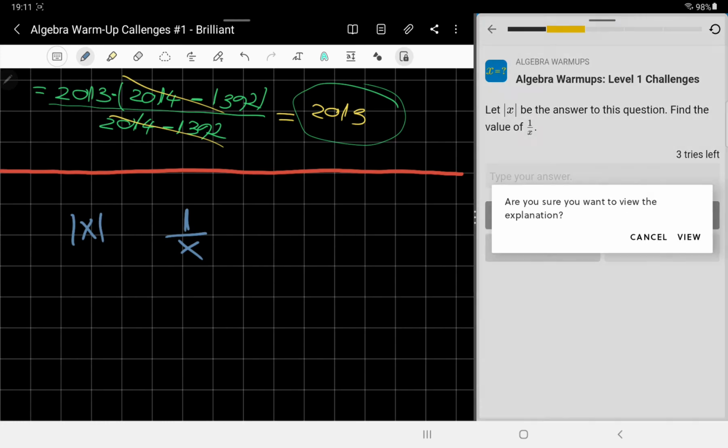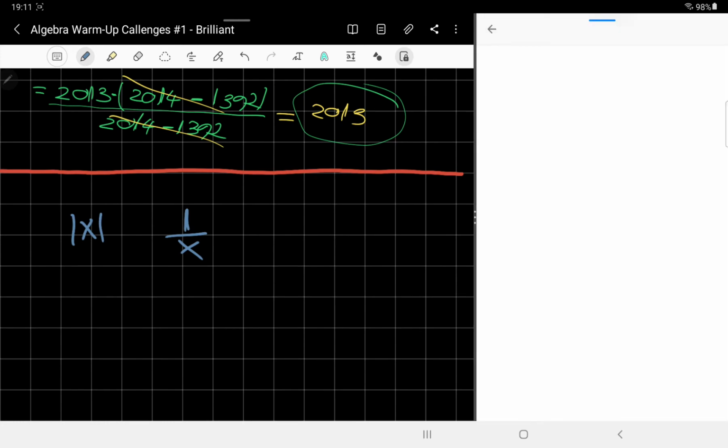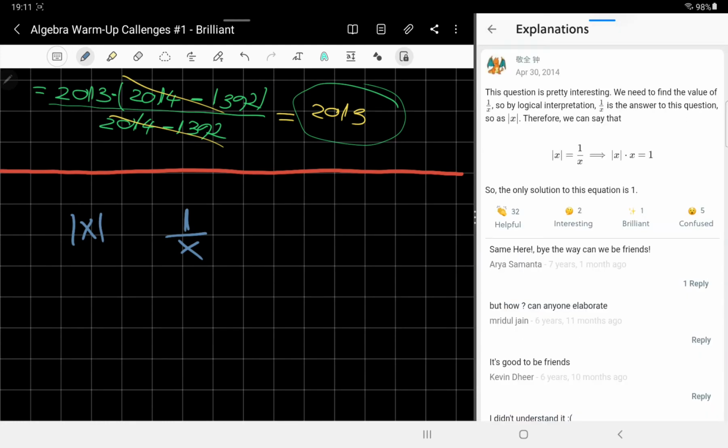But let's see the explanation. What exactly do they want? So yeah, x equals 1 over x, therefore modulo x times x equals 1. What else?